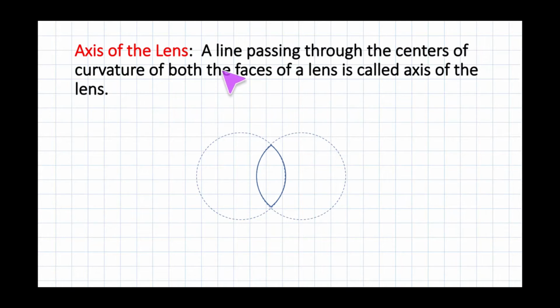So what is the axis of a lens? We saw that a lens is formed as a part of two spheres. These two spheres have their centers of curvature, and a line passing through the centers of curvature of both the faces of the lens is called the axis of the lens.